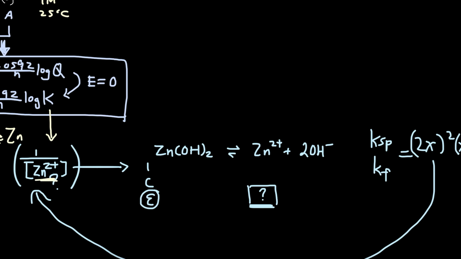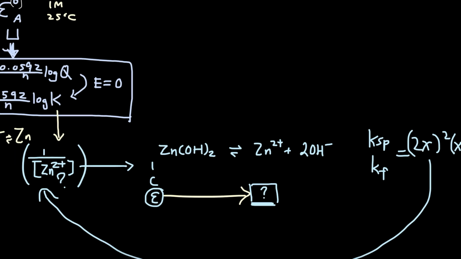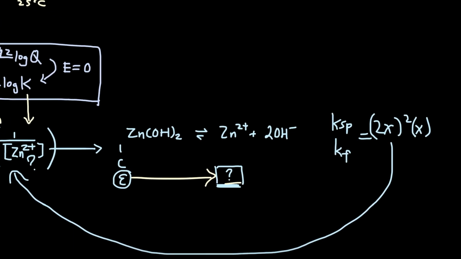And this concentration that you need to find or you need to connect is going to be like here. Okay, so then you need to find this in order to find some number for this. And to find this, you can use the KSP or the KF and just write out the x's correctly with their powers. So then once you find the x, once you isolate for the x, you can put it back into your concentration in here.